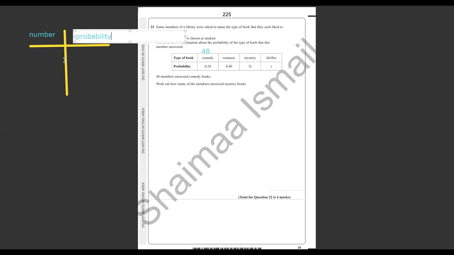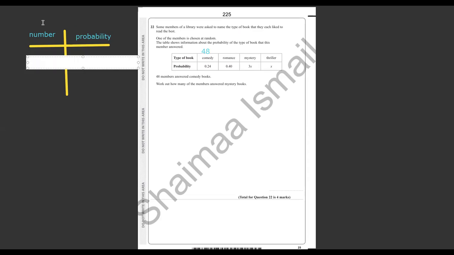So here for the comedy, we have 48, and here we have a probability of 0.24. Remember that the total of the probabilities is equal to 1, is equal to 1, and that's for the comedy.